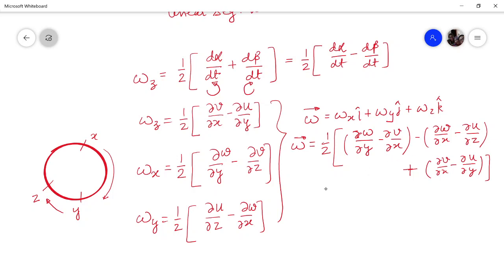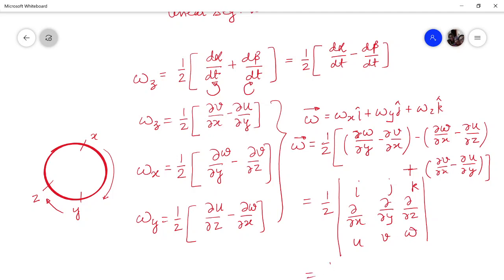This is nothing but the determinant with i, j, k in the first row, del by del x, del by del y, del by del z in the second row, and u, v, w in the third row, which is nothing but the curl of the velocity vector. So the rotation vector is nothing but the curl of the velocity vector.